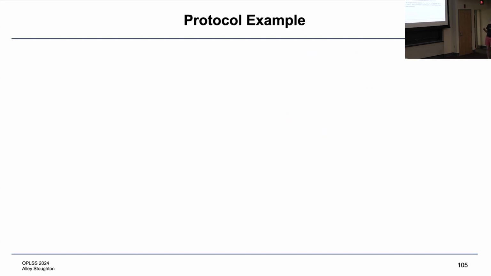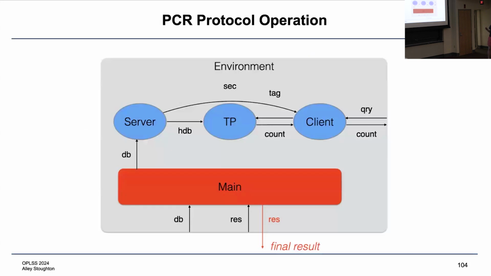And again, let me just emphasize this. We're not trusting the third party. If the server and the client were trusting the third party, well, the server could just send its database there, and the client could just send its queries, and the third party could do the counting, and if you're trusting that third party, that would be fine.